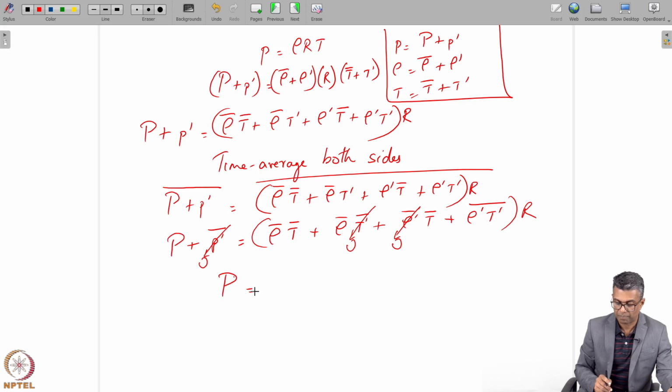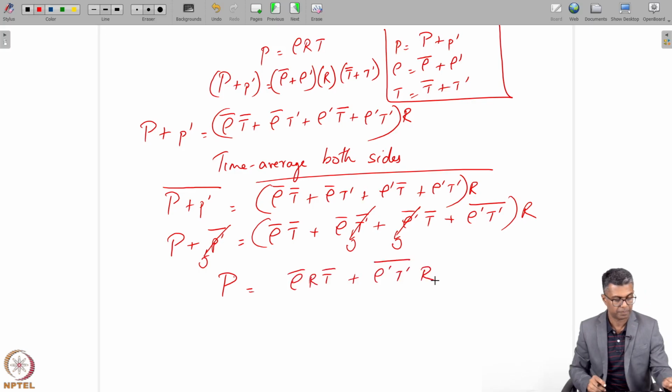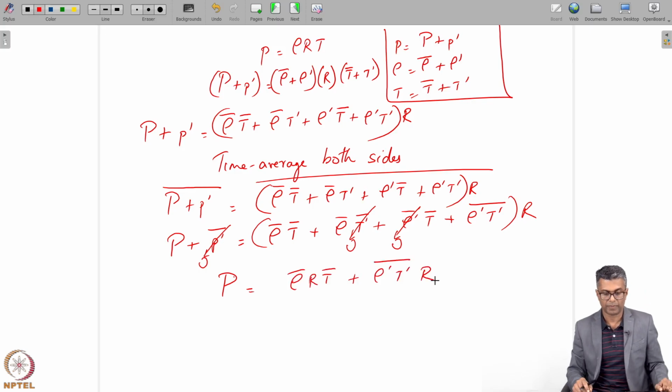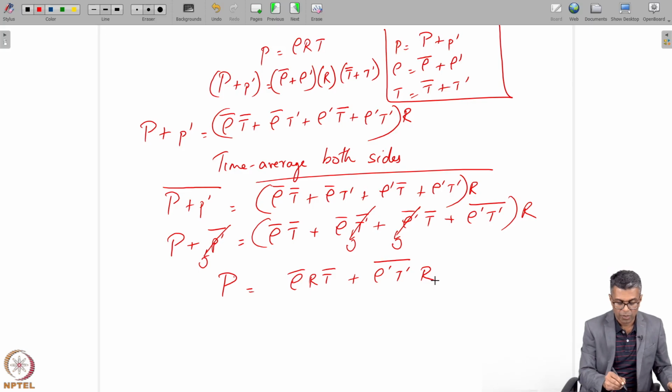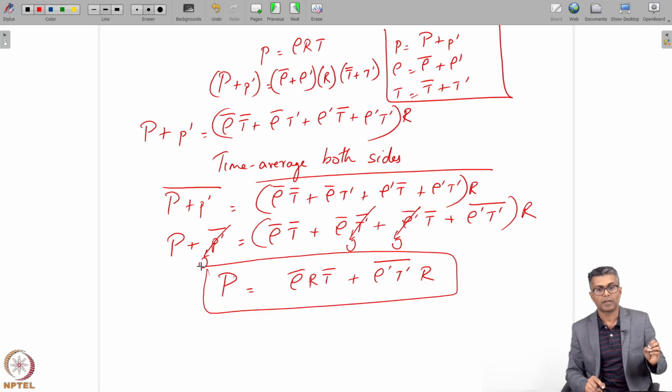And on the right hand side, what I have is just two terms: rho bar T bar plus rho prime T prime bar, times R. This is what you have. So your average pressure is rho bar T bar R plus rho prime T prime bar times R. So the product of the two means plus the mean of the product of the two fluctuations, the whole thing multiplied by R, of course.